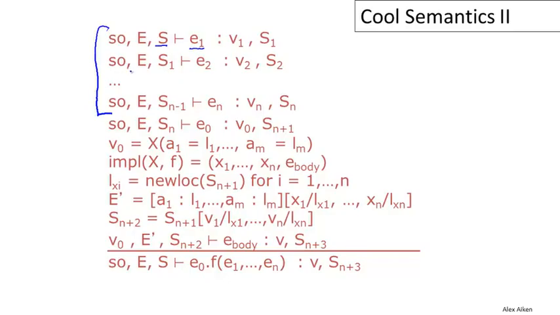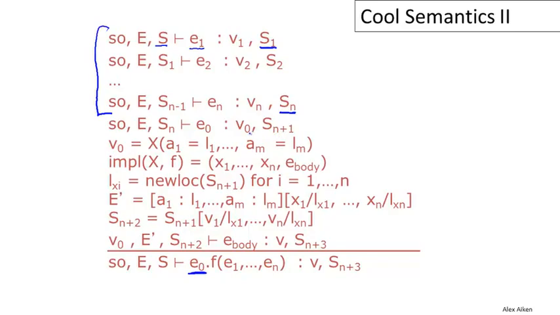So it starts in some store, but it may produce a different store. So after we've done all of this, we have the n arguments evaluated and some store s sub n. The next thing that happens is we evaluate E0. This is the expression to which we are dispatching, and that will give us an object V0 and some updated store s sub n plus 1.